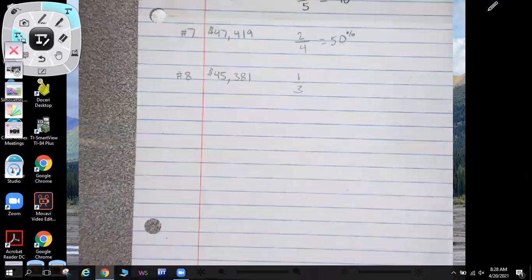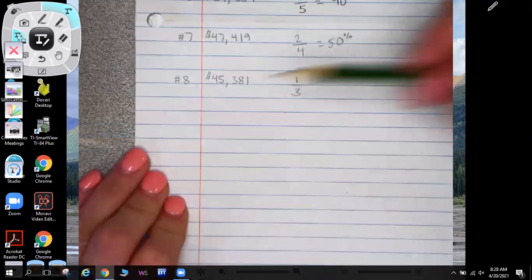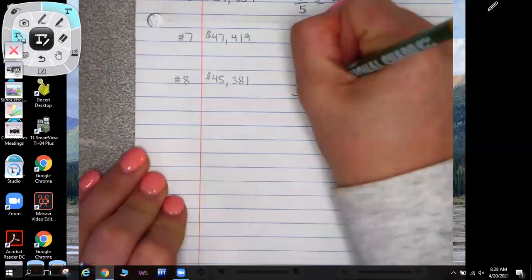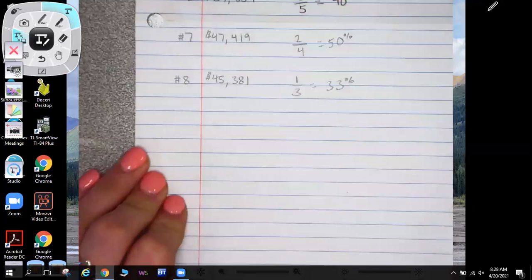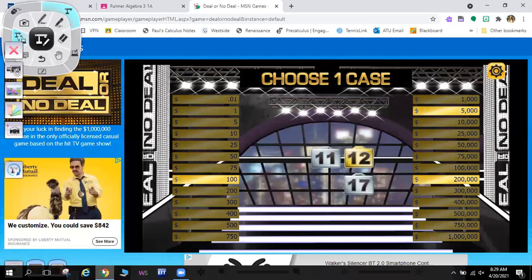So we have a 1 out of 3 chance of winning more than what the bank is offering us here, which is a 33% chance. Okay, we have to open another case.